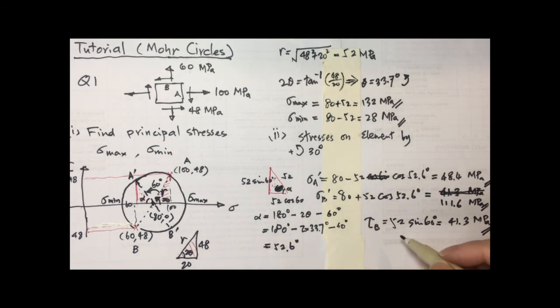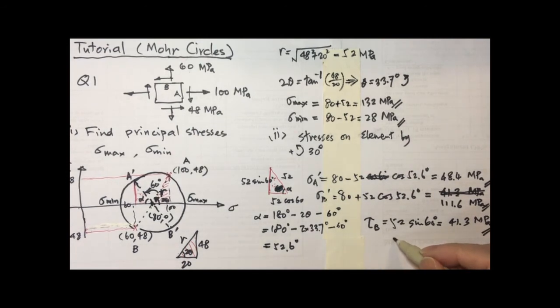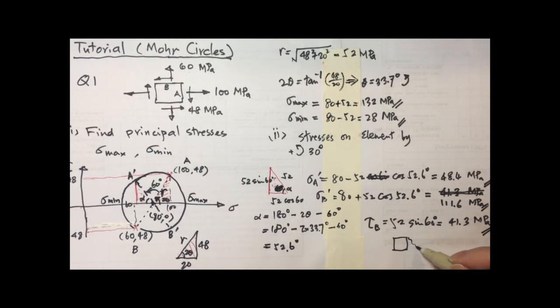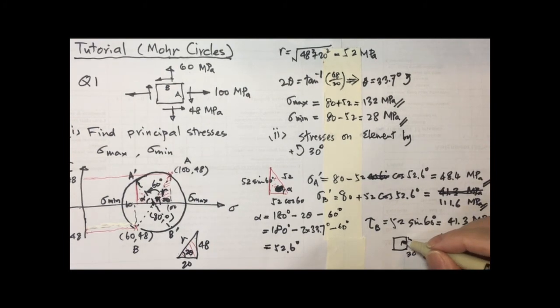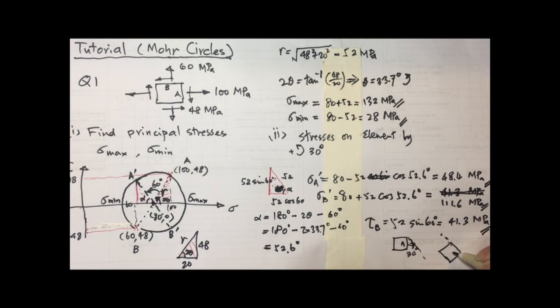Now, if you can draw that's the original element. Now, after you rotate it counterclockwise by 30 degrees, you got the stress element. So that's plane A. So you come to A dash here.